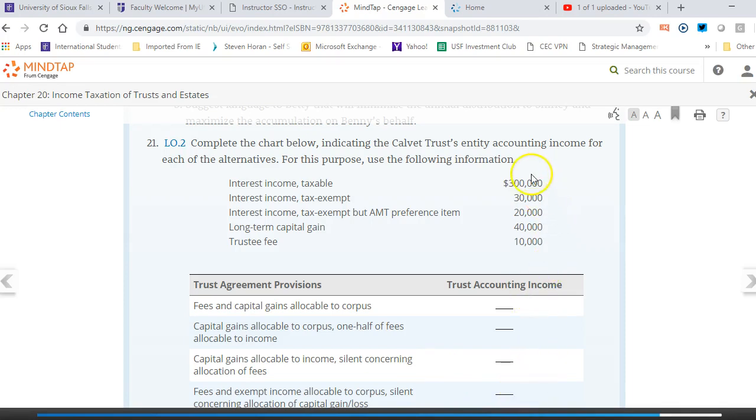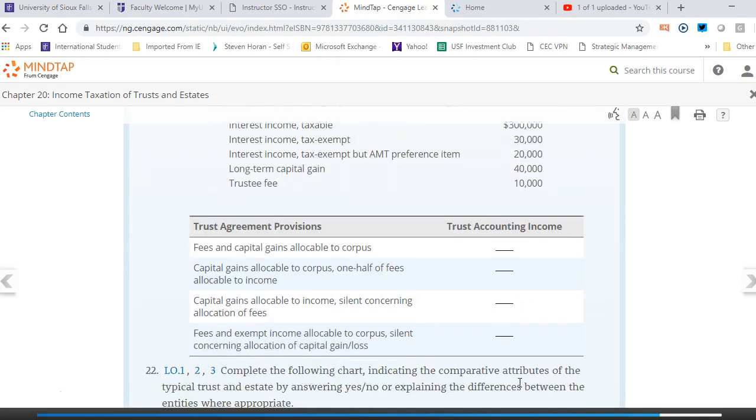So then it's the 300 plus the 30 plus the 20 plus the 40. So now it's all 4 income items minus half of the fee. The sum of the first 4 is 390, and we back off 5 to get down to 385. Okay, and that is it.